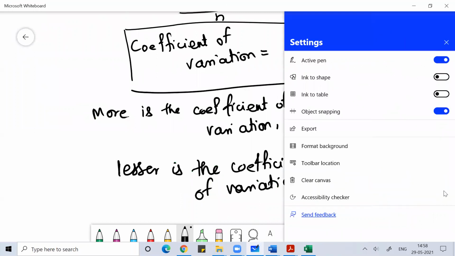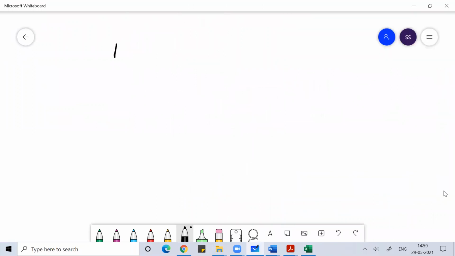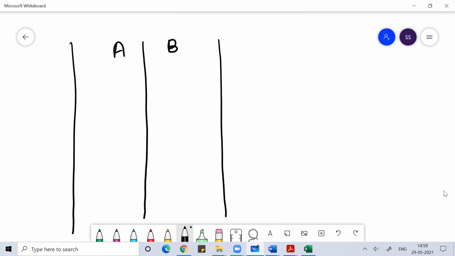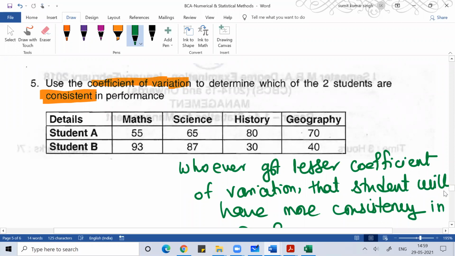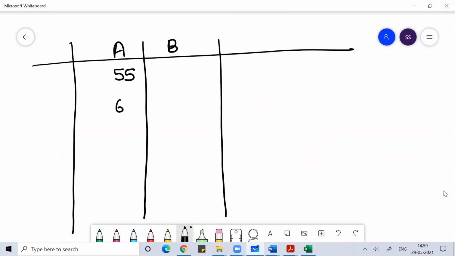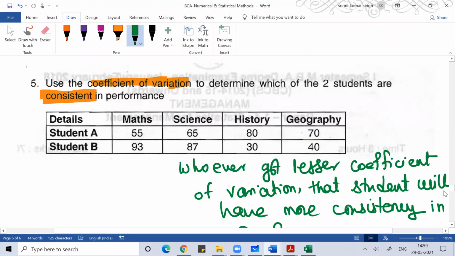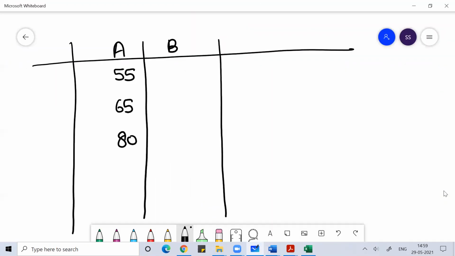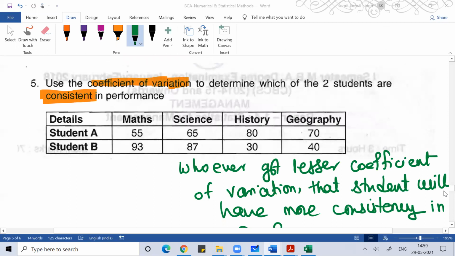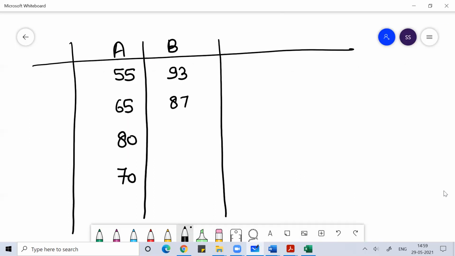For A: 55, 65, 80, 70. For B: 93, 87, 30, 40. So two sets of data are given for the two students A and B.